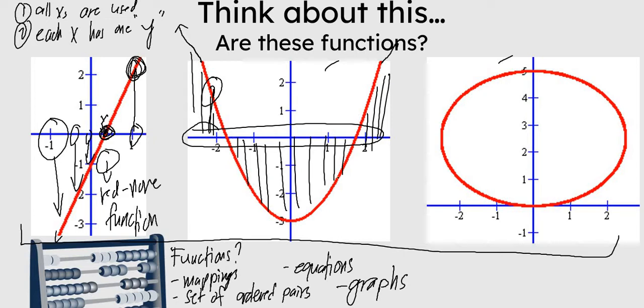And each of them only has one y, meaning this specific x has this specific y only. This specific x rather has this specific y. This one has this specific y. Therefore, this is also a graph of a function.